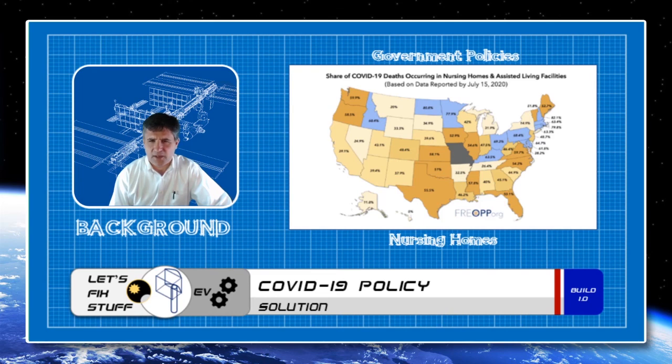It's concerning. And you have to ask the question, why would they do this? Especially when there were facilities available that could have treated these COVID-19 patients without putting them in proximity with these elderly residents of these nursing homes.